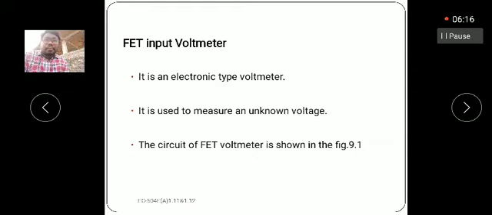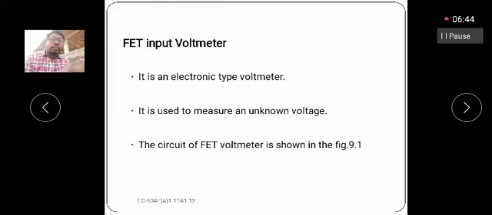That is the importance of the FET input voltmeter. We get accurate results at low cost, since electronic components are very cheap, and it is used to measure an unknown voltage.